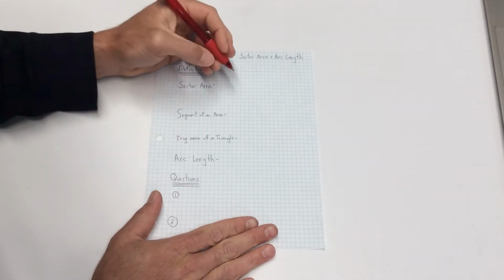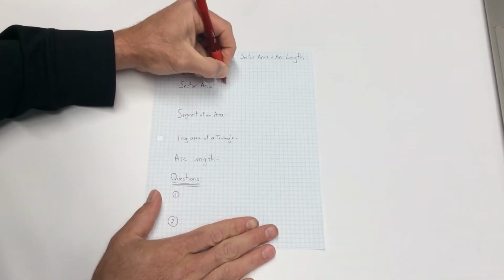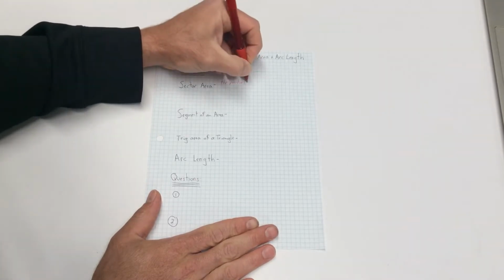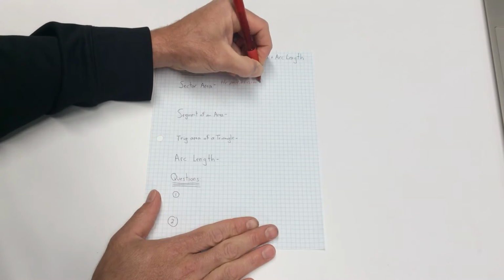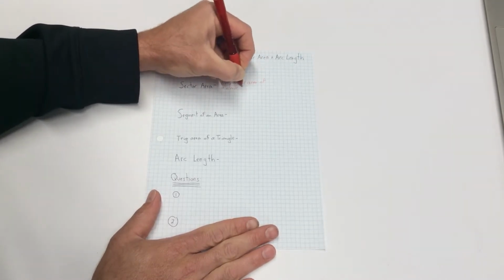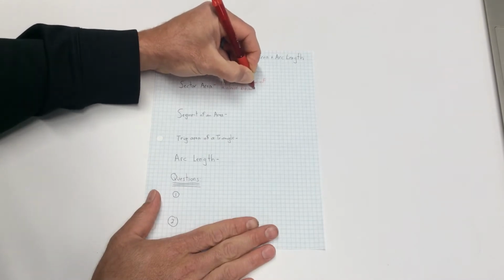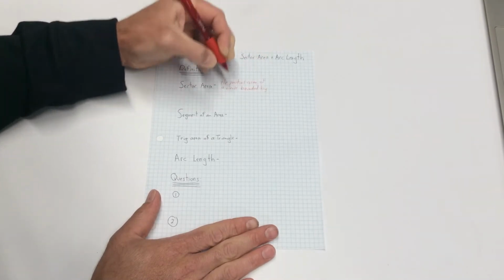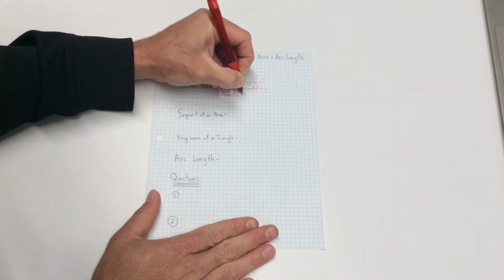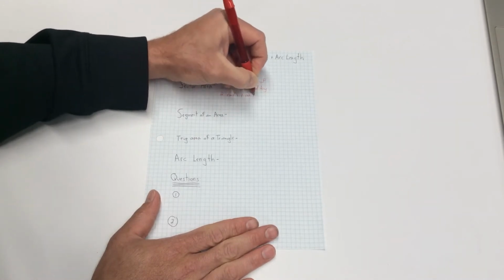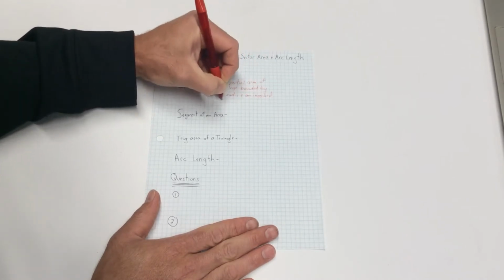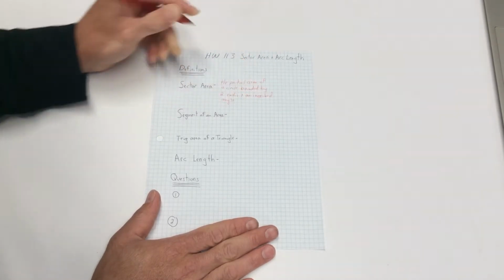Sector area is the partial area, so it's not an entire circle, partial area of a circle bounded by two radii and an inscribed angle.